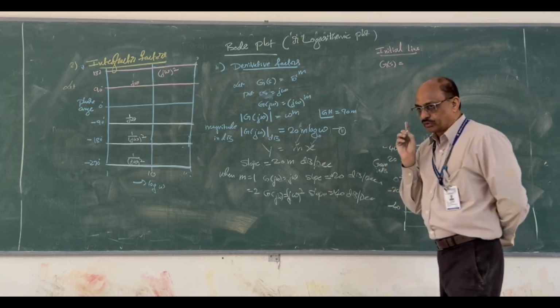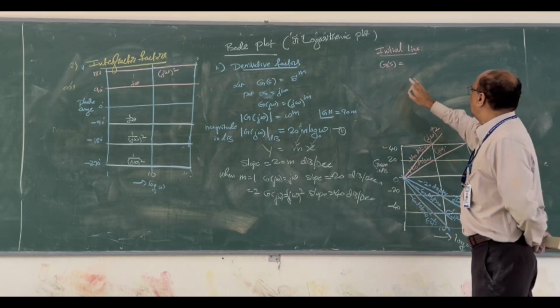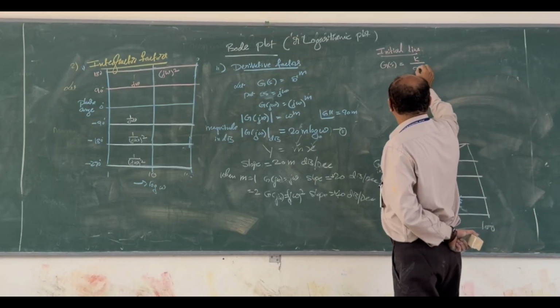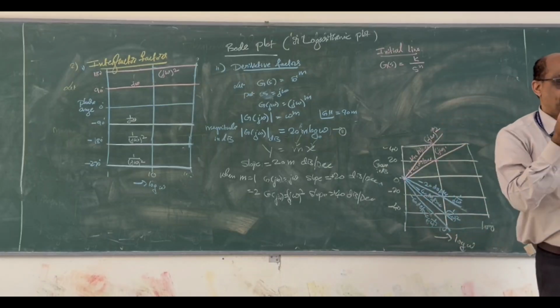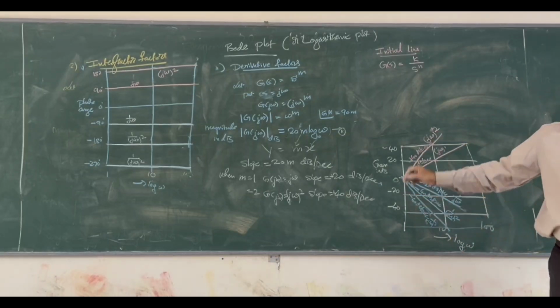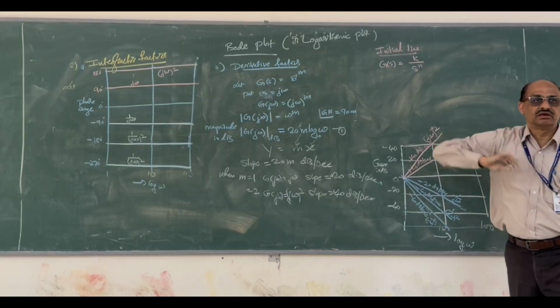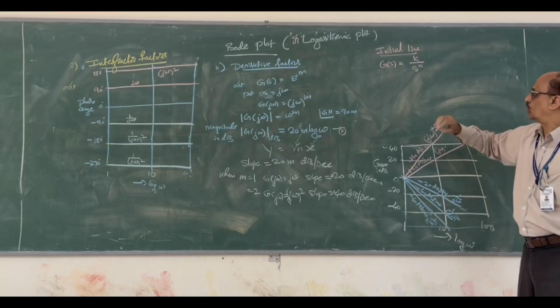Let me go for one important thing to remember. I assume that G of s is equal to K divided by s to the power of n. Equally, if that goes to the numerator, it is s to the power of minus n, so it becomes for the derivative factor also.